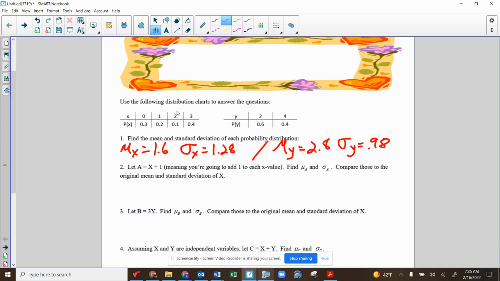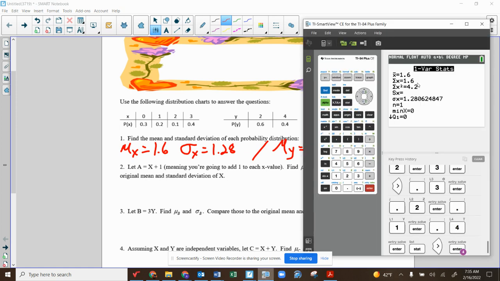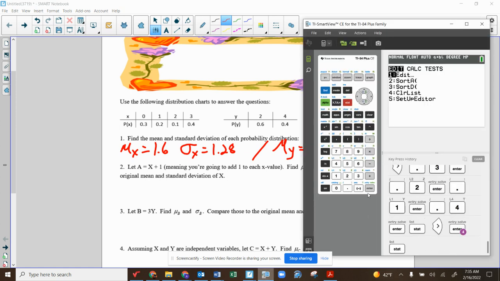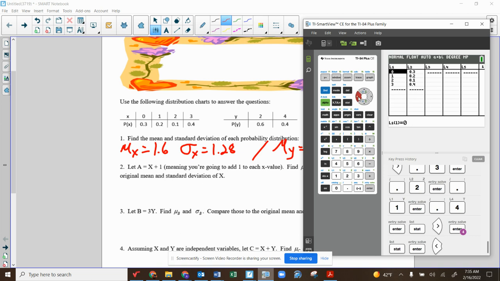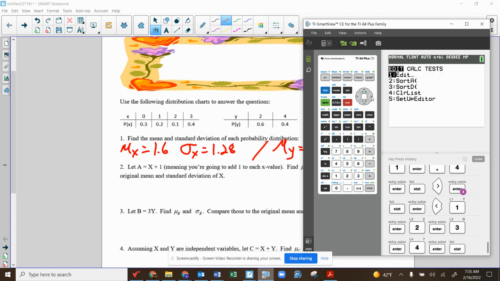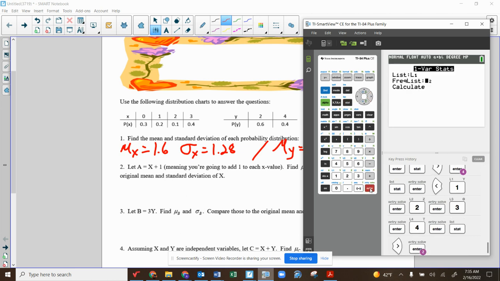Okay, let's say I take the x values and I increase them by 1. So if I go back to my list, where I had 0, 1, 2, 3, what if I had instead 1, 2, 3, 4, leaving the probabilities the same? Stat, Calc, 1-Var Stats. Notice that the new mean is 2.6, so it increased by 1, but the standard deviation didn't change.